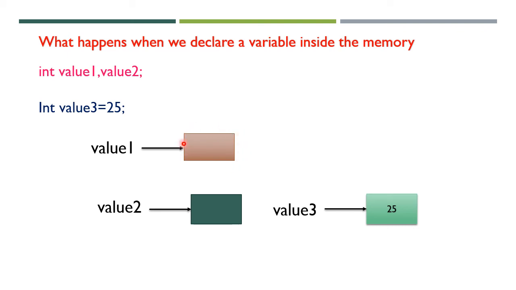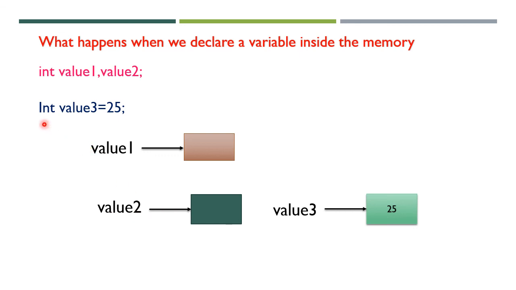How much space will be created? It depends on the data type. Here value 1 is of type integer, so 4 bytes of memory will be reserved, and for value 2 also the same, 4 bytes of memory will be reserved.